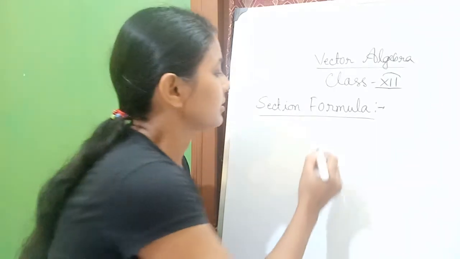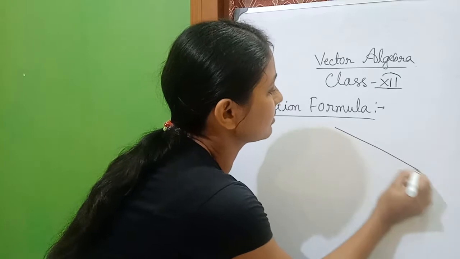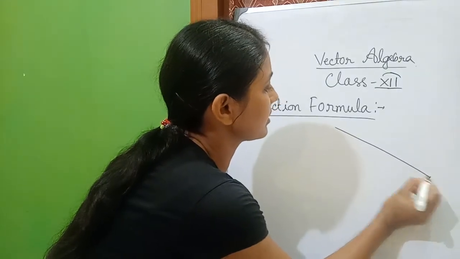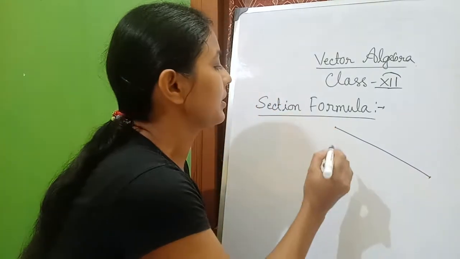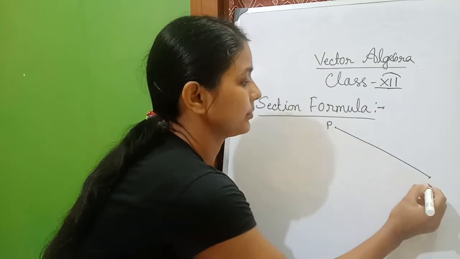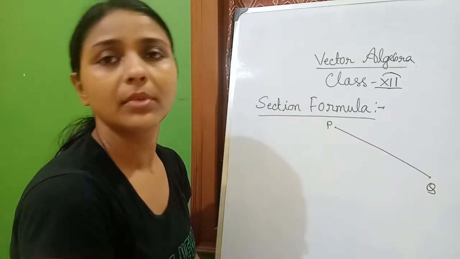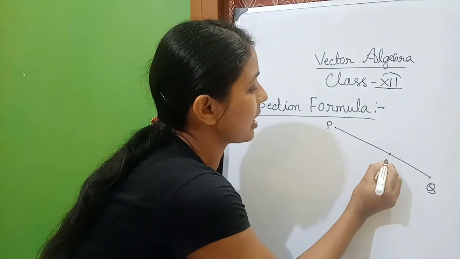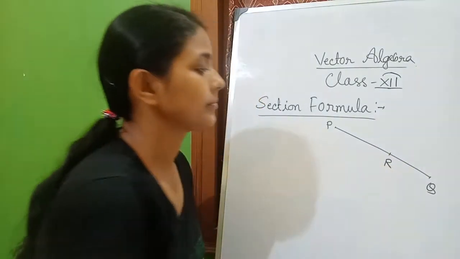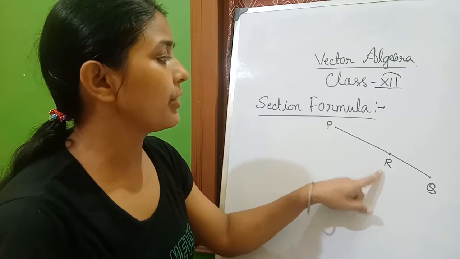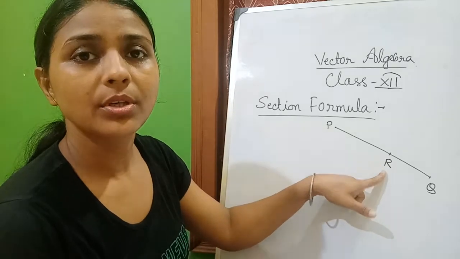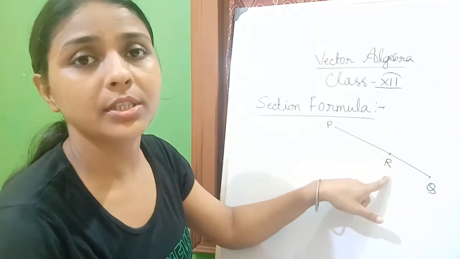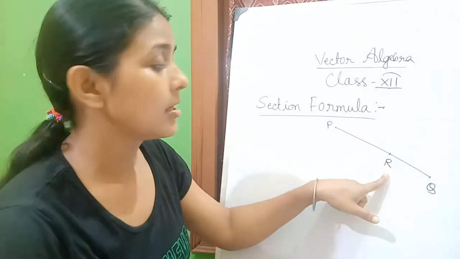For this I am just drawing a line. Suppose its name is PQ. I'm taking a point R on it, and we are going to find R's position vector.